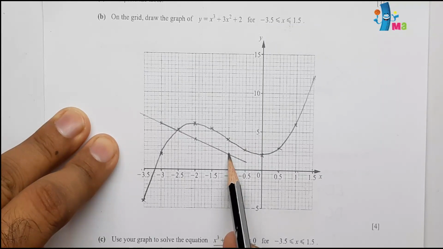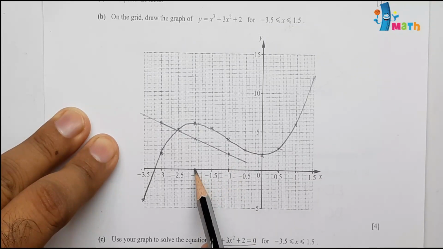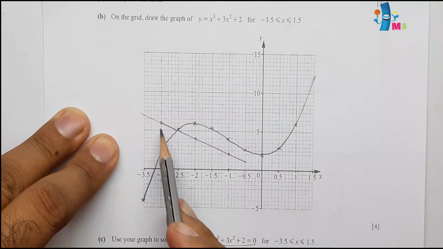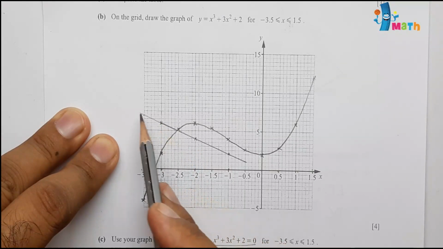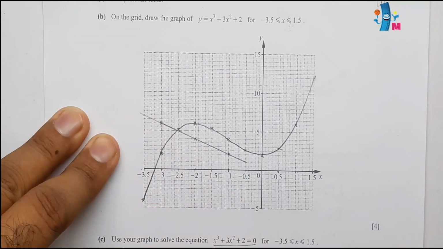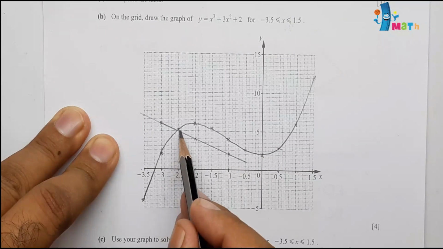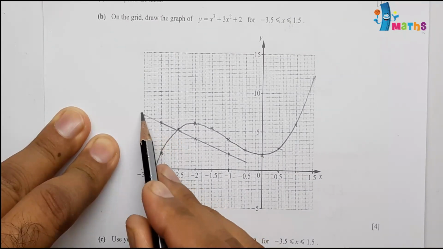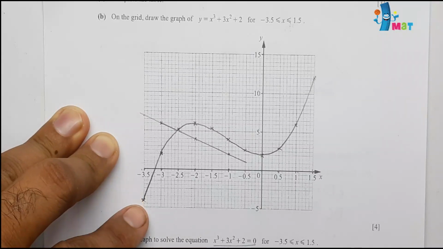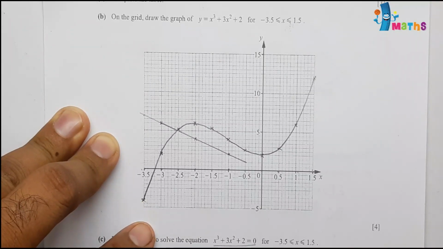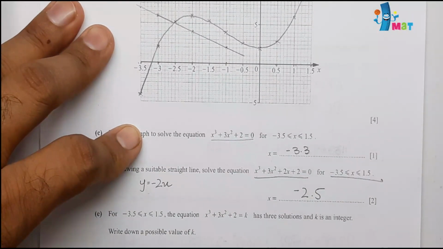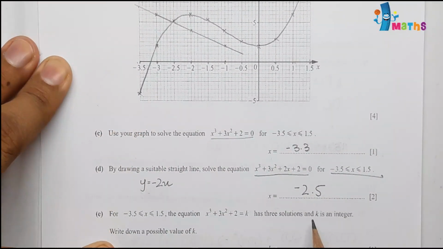So this point, similarly x is equal to minus 2, we will be getting 4, and if we take minus 3, we will be getting plus 6. So we can draw this line, and x is equal to minus 2.5 is the point where this line and this graph are intersecting. So minus 2.5, I have mentioned over here, minus 2.5.